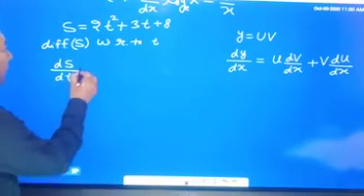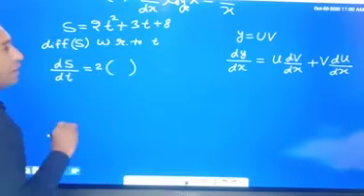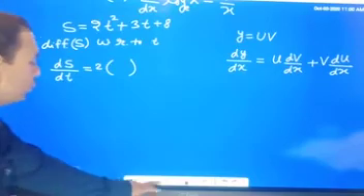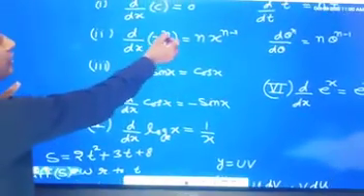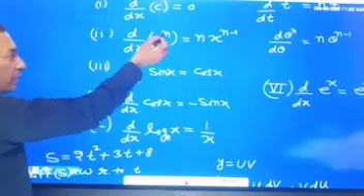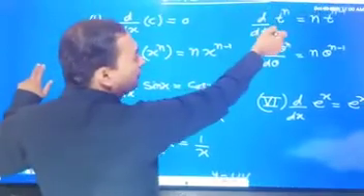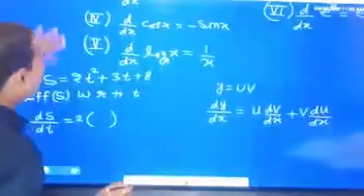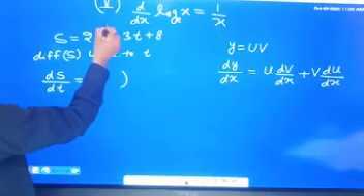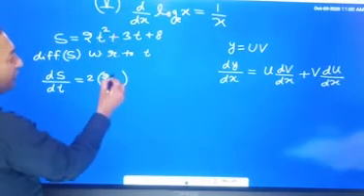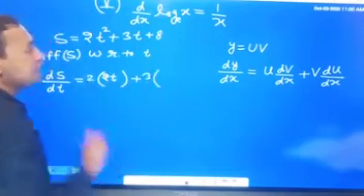ds upon dt equals 2 times the differentiation of t square. Now again we use the formula for x to the power n. When we differentiate x to the power n with respect to x, here with respect to t, the power n comes out, 2, and the power decreases by 1, so 2 minus 1 is 1, plus 3 times the differentiation of t.